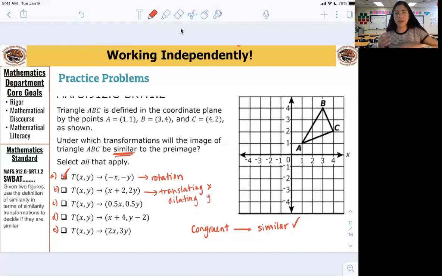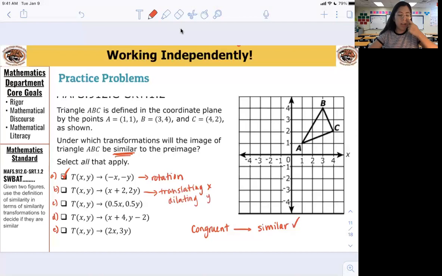So what do you guys think? If you're only dilating the y and not the x, are they going to end up being similar? Will that end up similar? No. No.